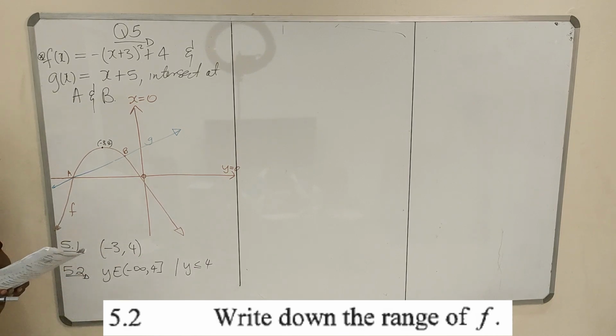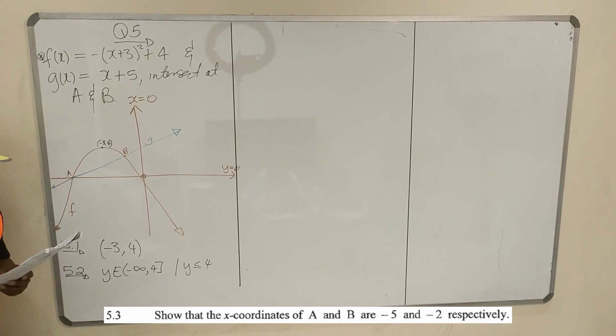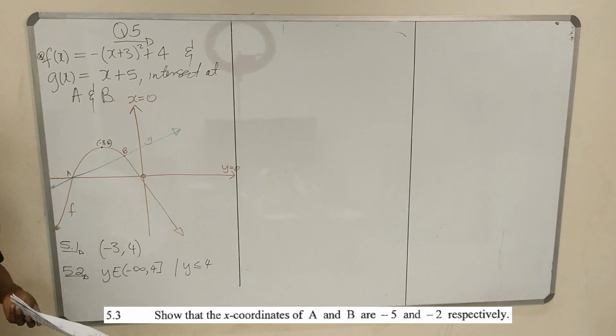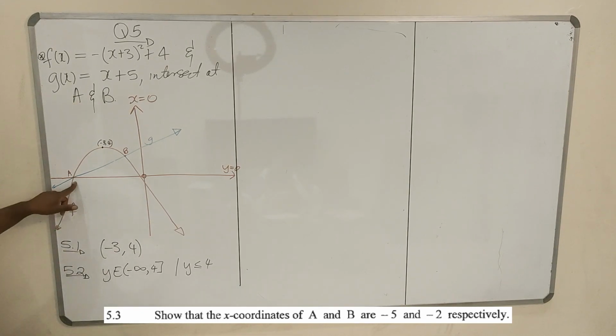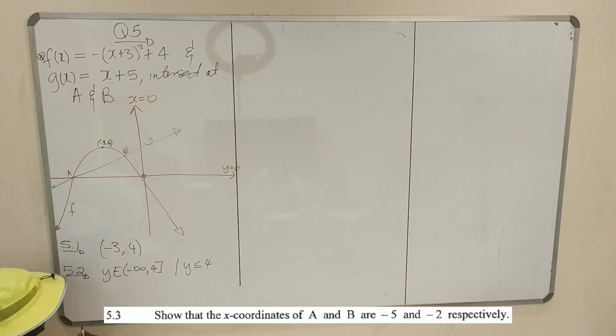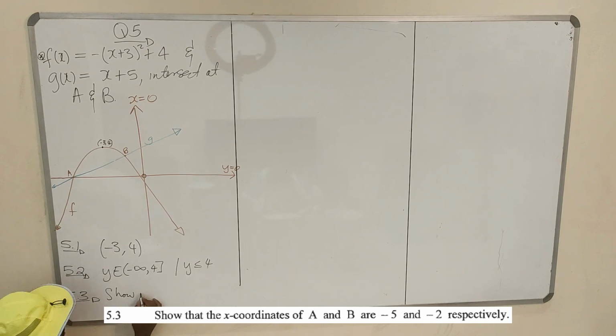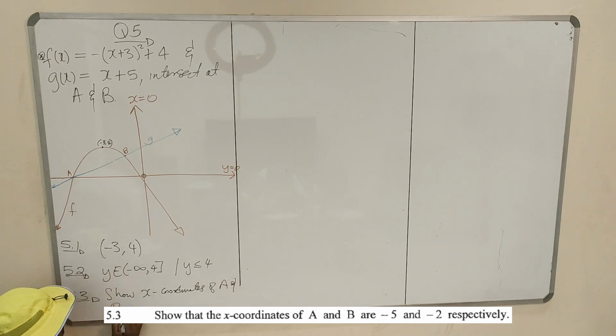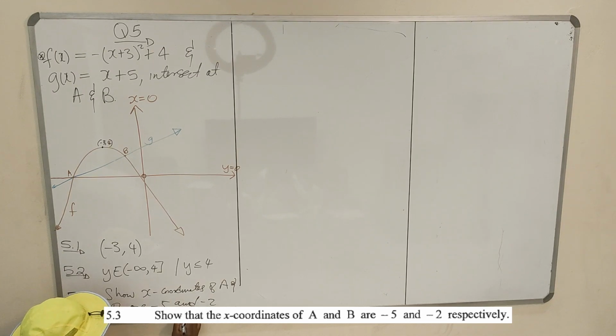Okay. So 5.3 says, show that the x coordinates of A and B are minus 5 and minus 2 respectively.